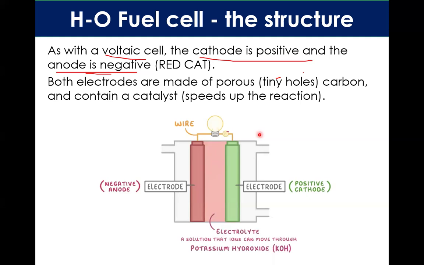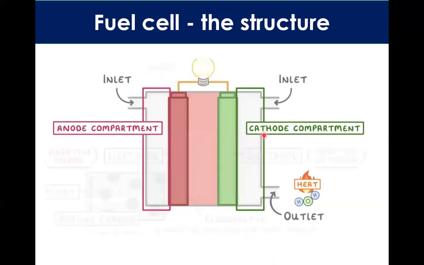Okay, so let's move on to the next slide. So this is the anode compartment, and this is the cathode compartment, and we have an inlet. We have this inlet, and this is the outlet. We have another inlet, and you'll see what these are used for.